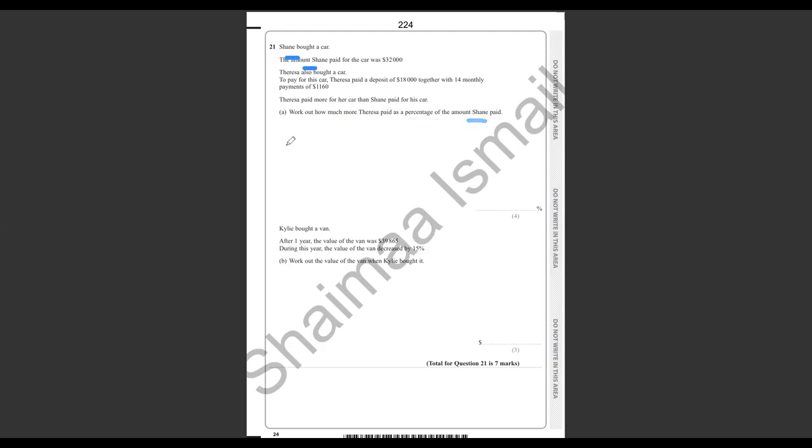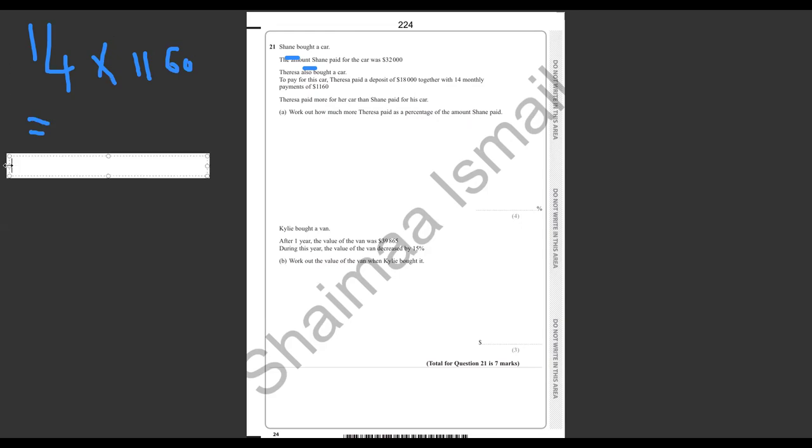Let's do this step by step. She paid 18,000 already with 14 installments. So we first calculate the 14 installments multiplied by 1,160, to get the total of the installments.